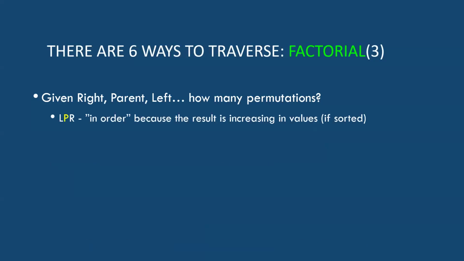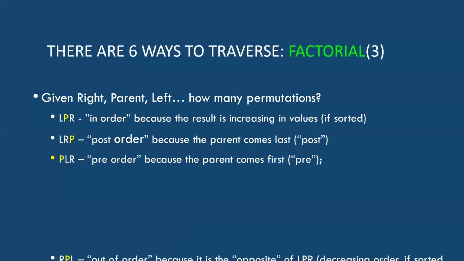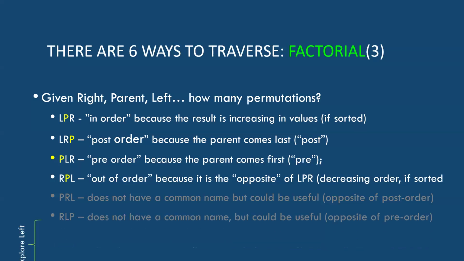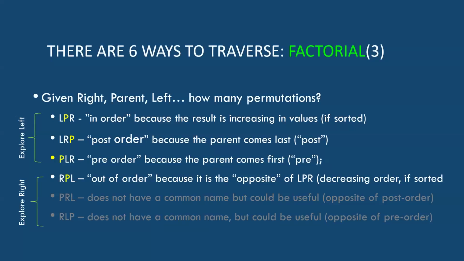So it's factorial 3, LPR, LRP, PLR, etc. And the last 2 down there, we don't really talk about too much, but there might be reasons to go through the cave system in that particular order. So we're going to look at all those, but let's look at the one that stands alone first, which is this breadth first traversal, and just talk about the algorithm.